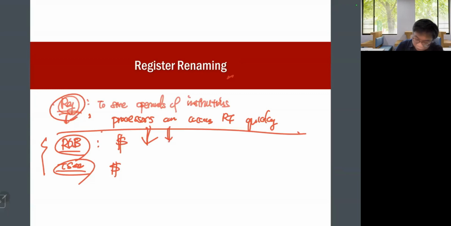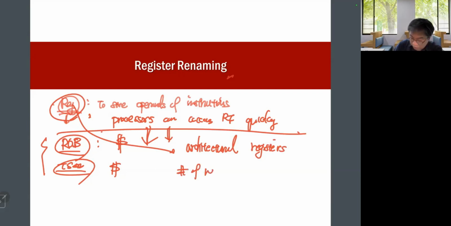We can say that this register is the architectural register. So what does that mean? The number of registers is defined in the instruction set architecture. In RISC-V, we have 32 general purpose integer registers, also 32 floating point registers.